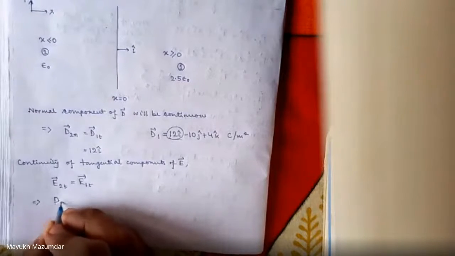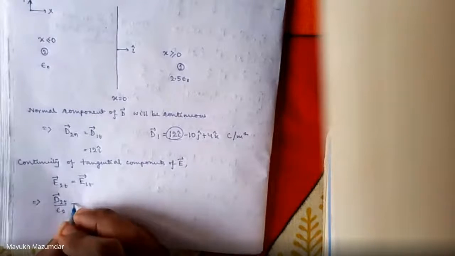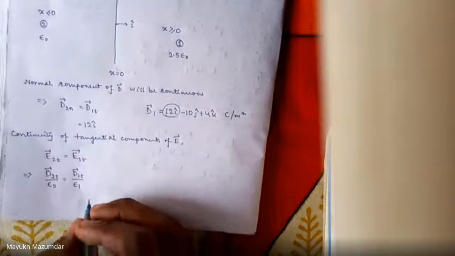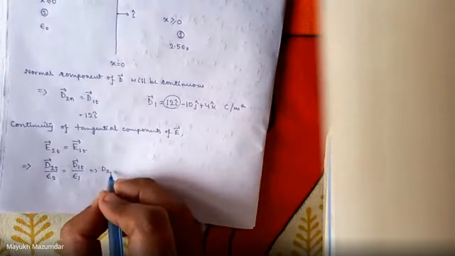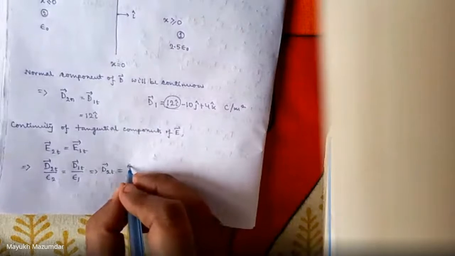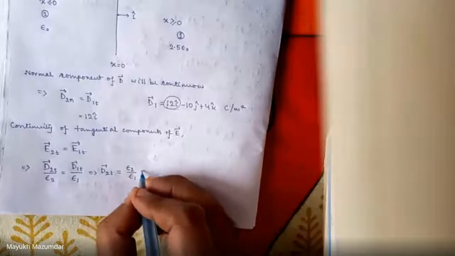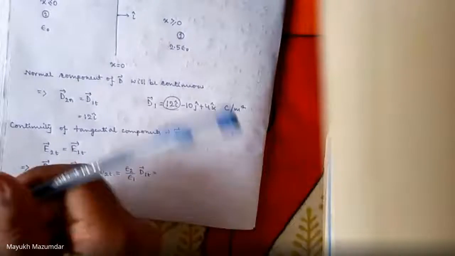So I'll do this. What is the tangential component of D2? What is epsilon 2?